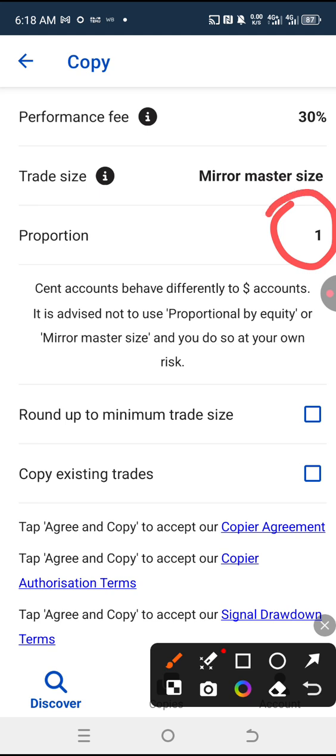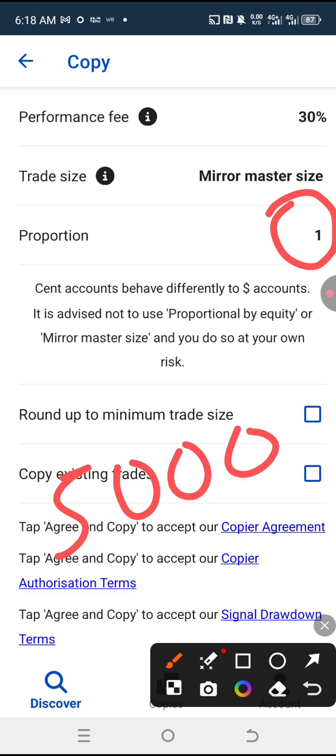Now for this particular trader, for every 5,000 you have, whether dollars or cents, you should be trading 0.2. That's on a high risk. And on a good low risk, you trade 0.1. The difference is that there's going to be a stop loss, so you will not lose more than your stop loss.